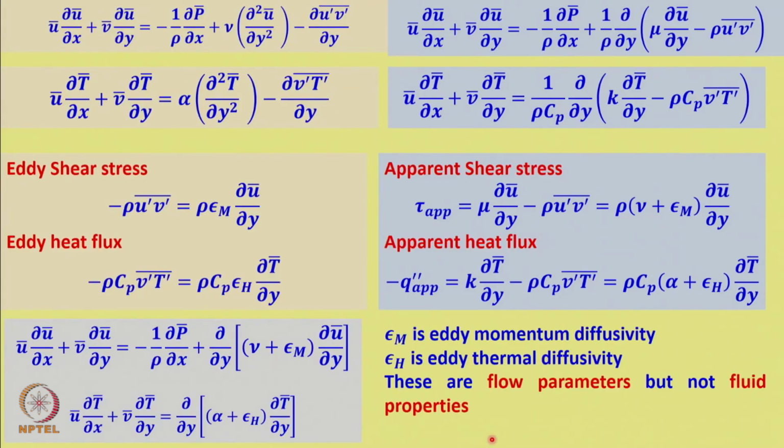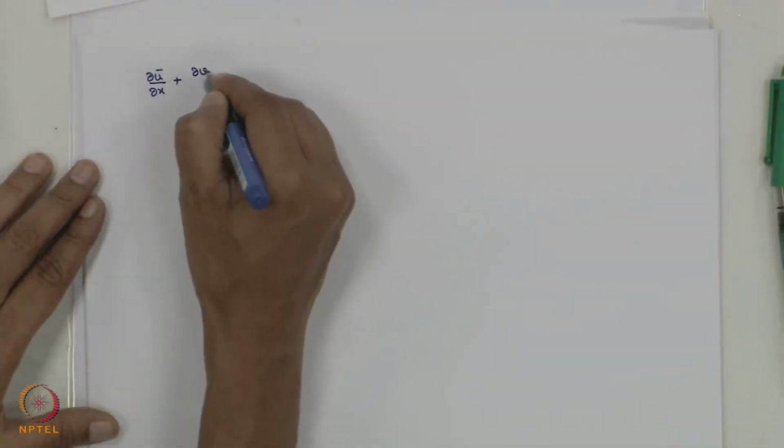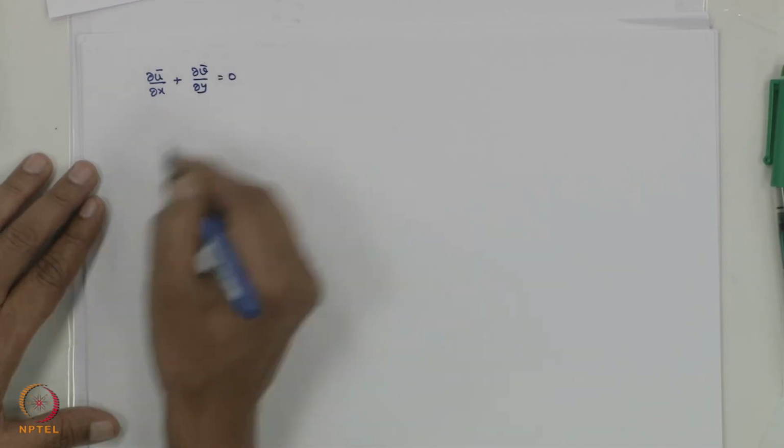Now I am going to introduce something called eddy diffusivity, momentum and thermal diffusivity. Let us write these equations a little differently. Let's write del U bar by del X plus del V bar by del Y equal to 0. Continuity is over.